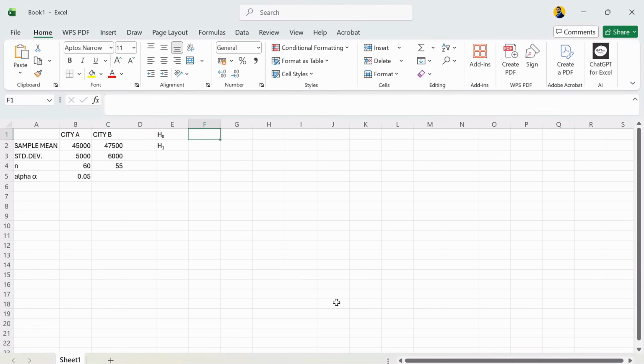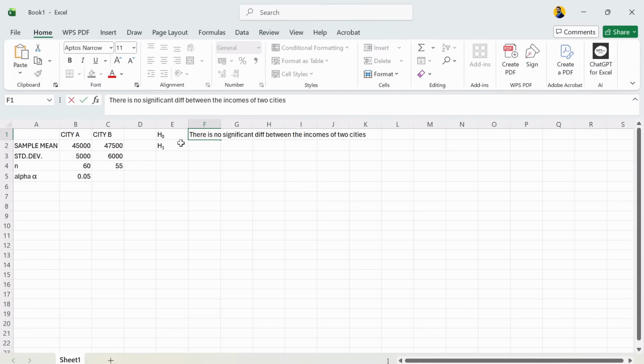So as per the data, we will define our null hypothesis. We will write: there is no significant difference between the income of two cities, right?